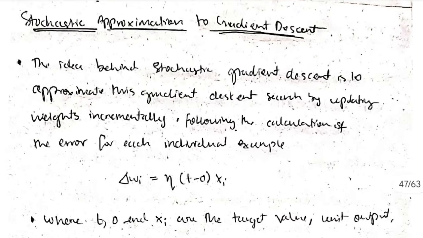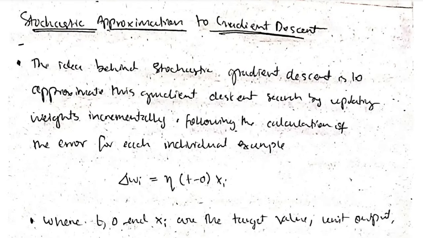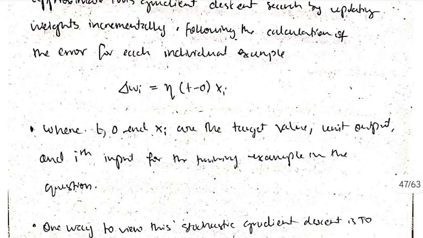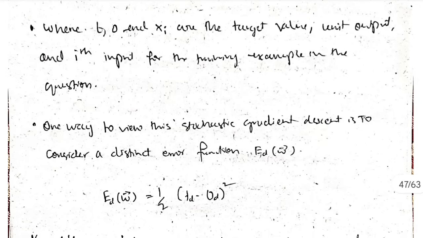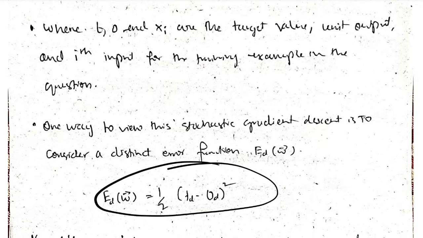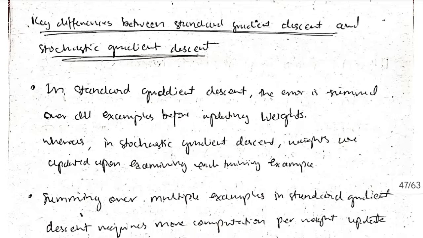To make it nicer, what we'll be using is stochastic approximation. In this we'll be adding some values for updating the weights incrementally. This is the formula for the stochastic descent, and we'll be using this formula for adding the weight values, meaning making the errors lesser. So that's about the stochastic gradient.